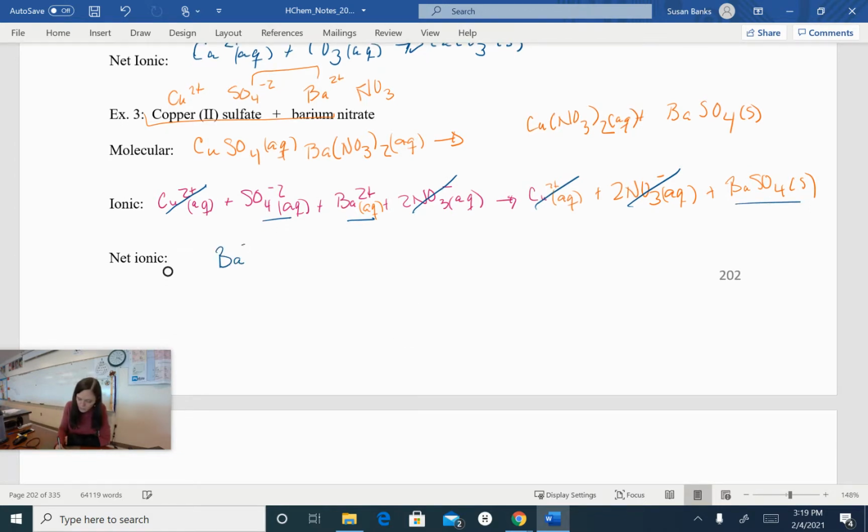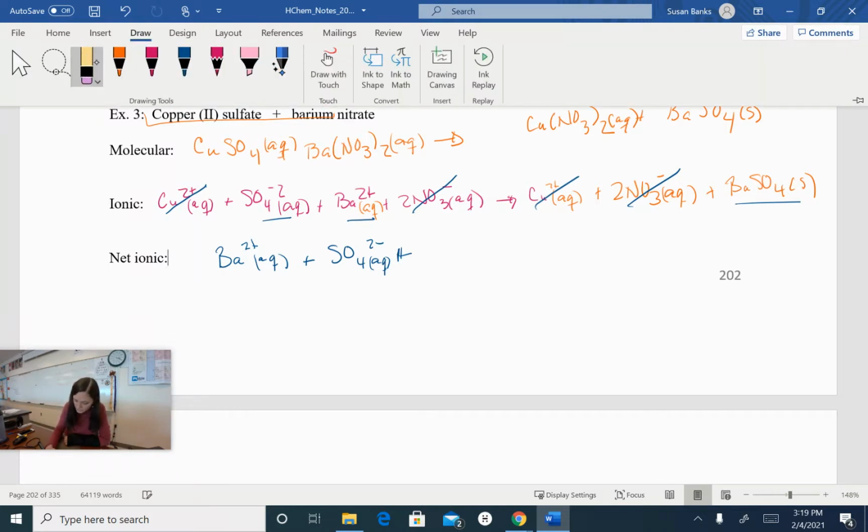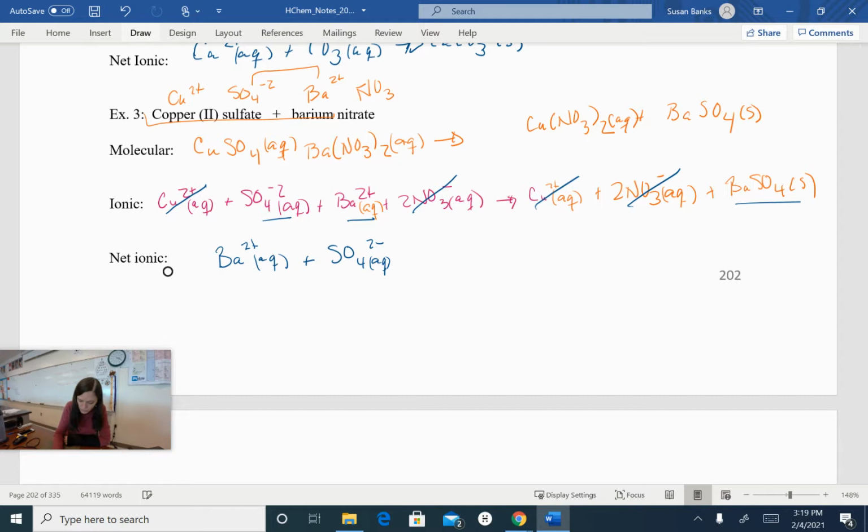So we have our barium ion, aqueous, reacting with our sulfate ion, aqueous, to produce our barium sulfate solid precipitate.